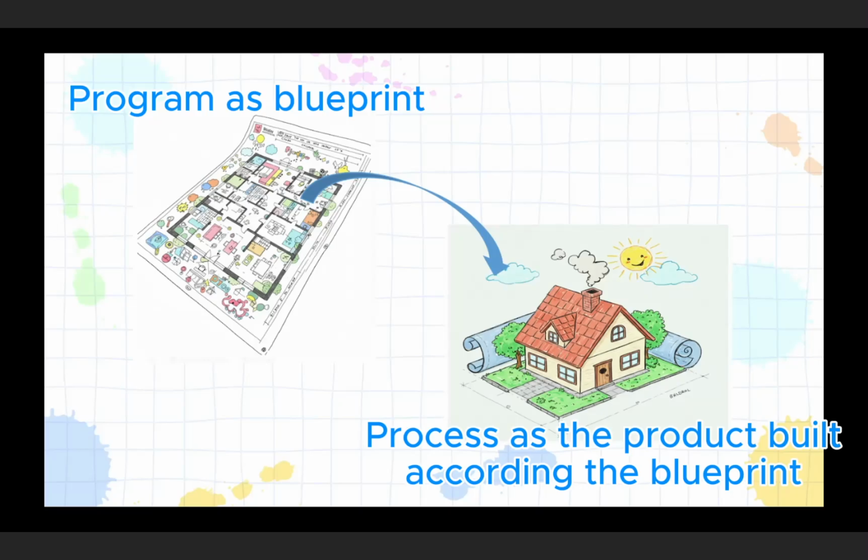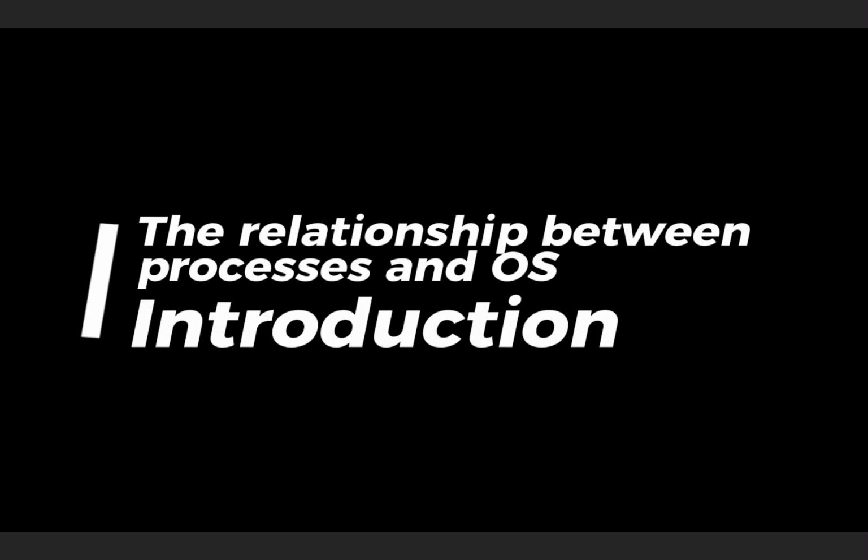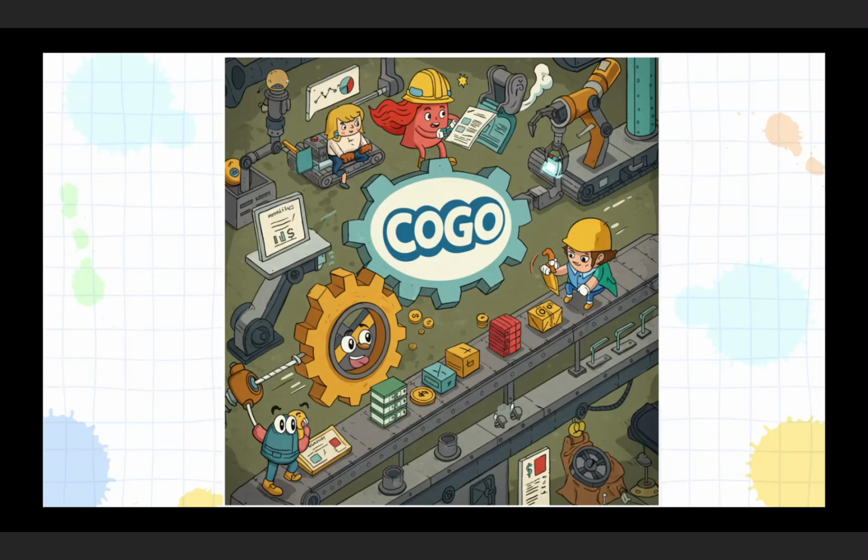Then what is the relationship between a process and the operating system? In the computer world, a process is just like a company in a city. A company takes on tasks and does its own business as planned.